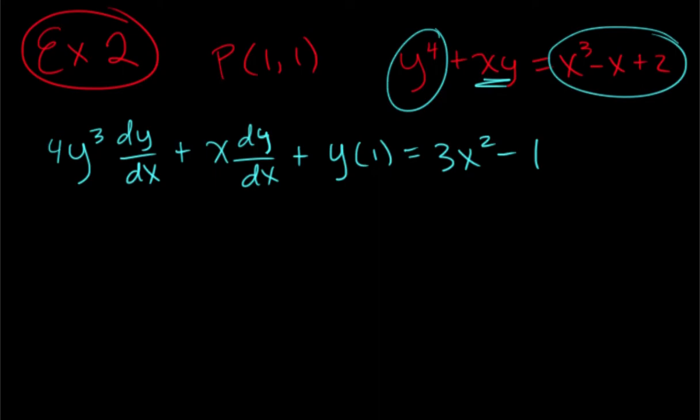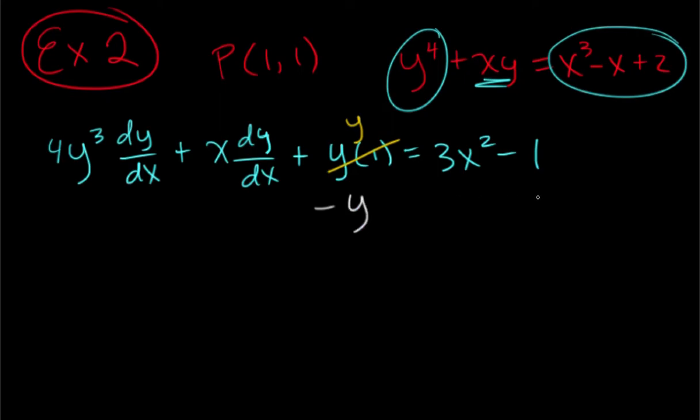Okay. We can simplify this to just y. Nothing else really simplifies at the moment. And so what we can do now is, we want to solve for dy dx, is our goal. And so I'm going to get everything that doesn't have a dy dx onto the other side of the equation.